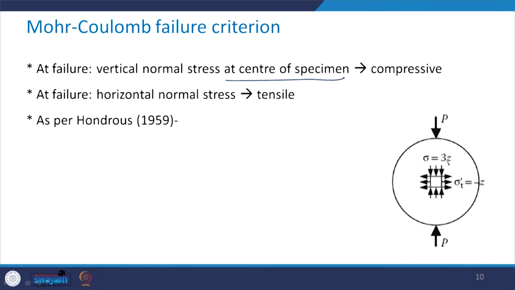Please take a look here. If we take an element at the center of the specimen, you see that in the vertical direction you have the normal stress which is compressive in nature, and at the failure you will have the horizontal normal stress, that is this, which is tensile in nature.